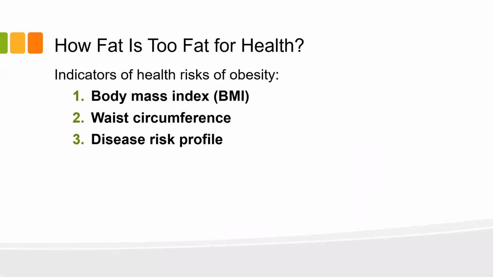We had talked about indicators for where you might be concerned about your health risks and in terms of where your body is at. And these are kind of the 3 indicators that are often used. So we talked about body mass index. That's basically how tall you are compared to your weight, and that's it. And of course, that's not going to fit everybody. Some people have lots of muscle.